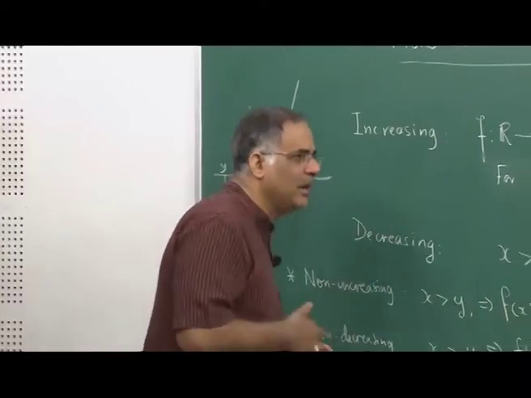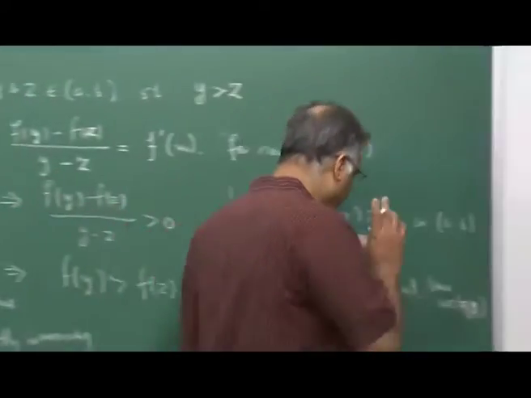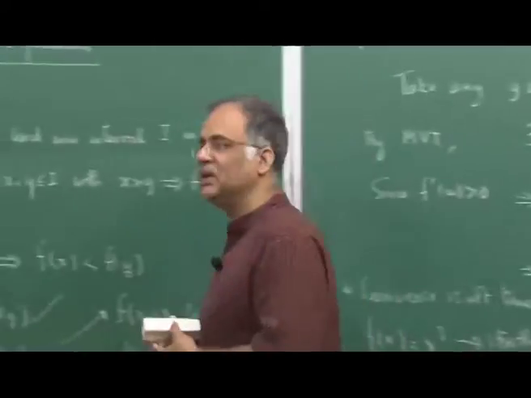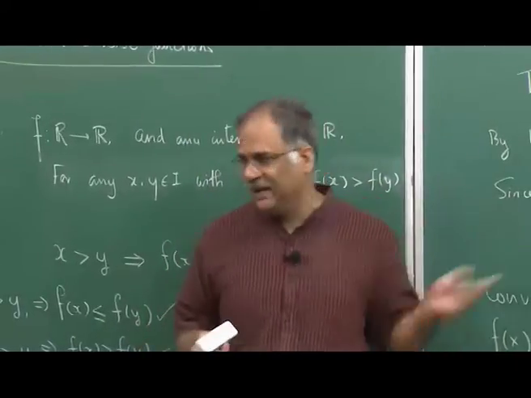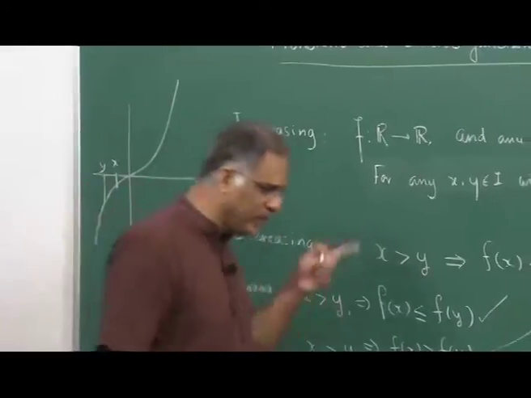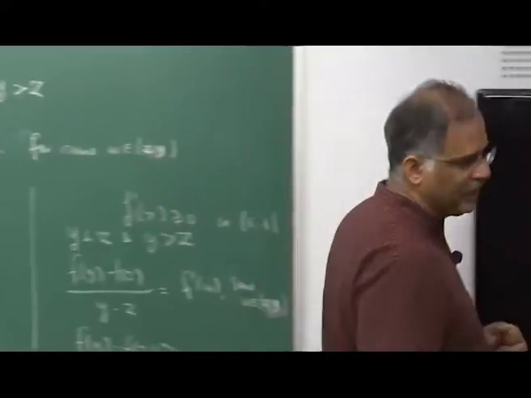So, that has to be determined by the sign of the second derivative. That information we have written, and many of you who have already done calculus in high school would definitely know that fact.